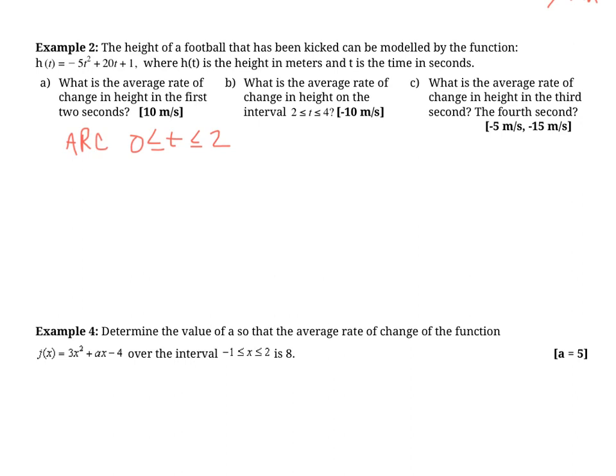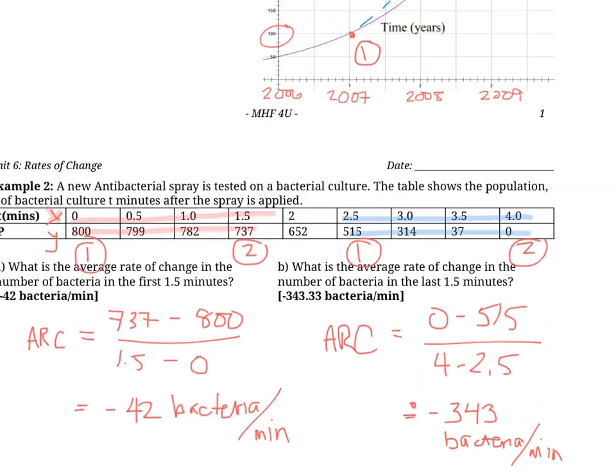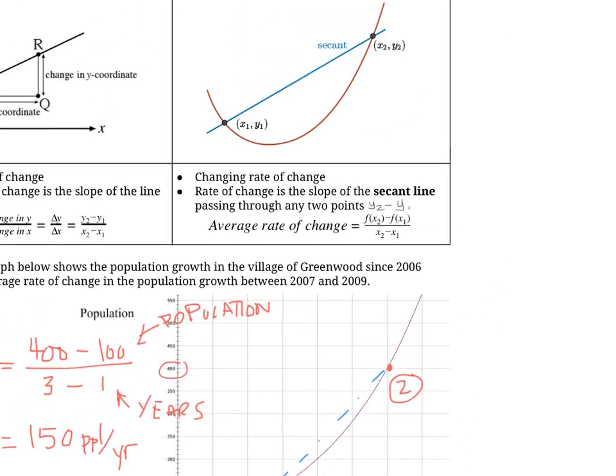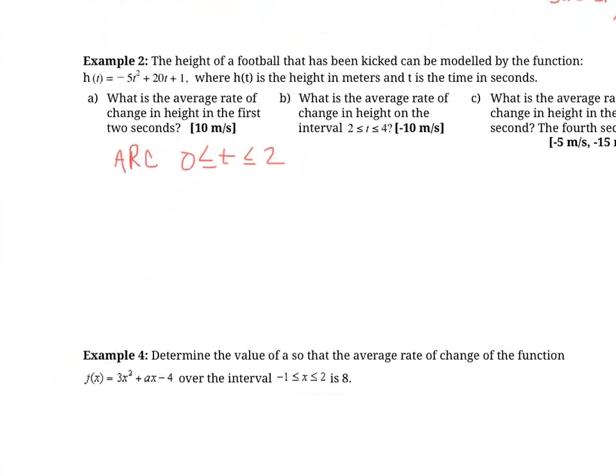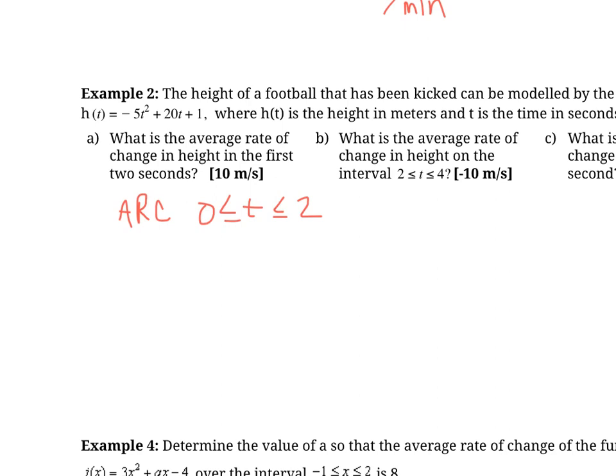In order to do this, if we think about our equation, we go back up here to the previous page. We're looking for y2 minus y1, the function at our second point minus the function at the first point, over the difference in our x values. So we need to know the value of the function at 0 and at 2.